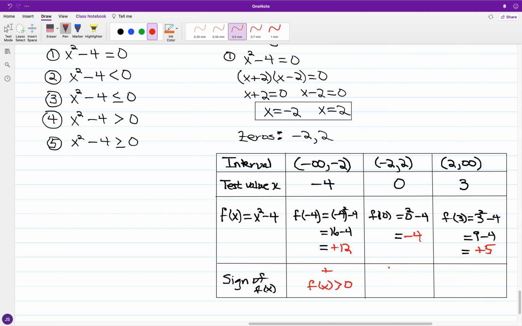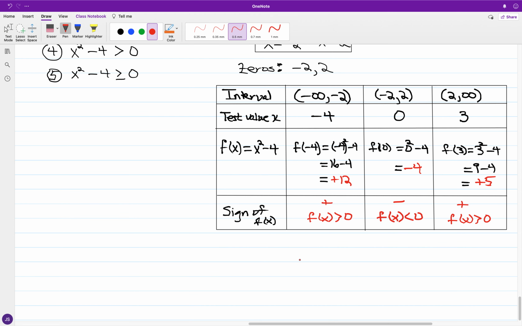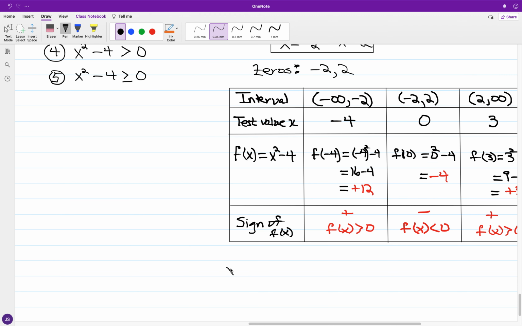Anything greater than -2 but less than 2, your output is going to be negative, so f of x is less than 0. And if the input is greater than 2, the output is going to be positive, so f of x is greater than 0. So that is just categorizing what we have here. For x squared minus 4, let's branch out here. We're pressed for time.